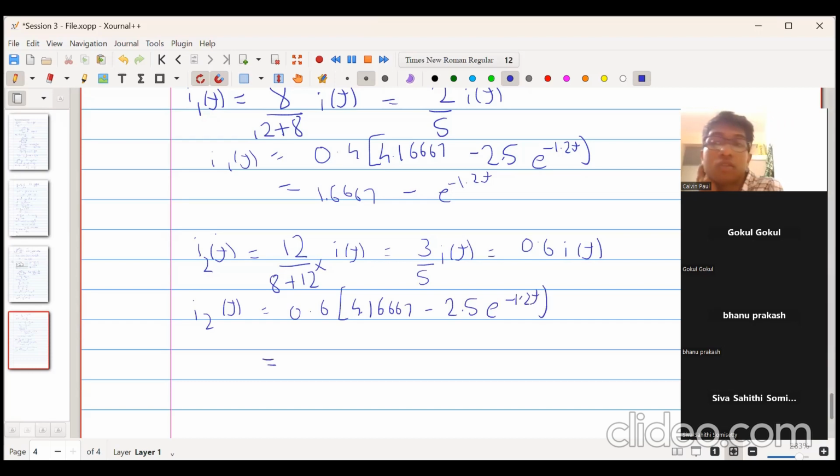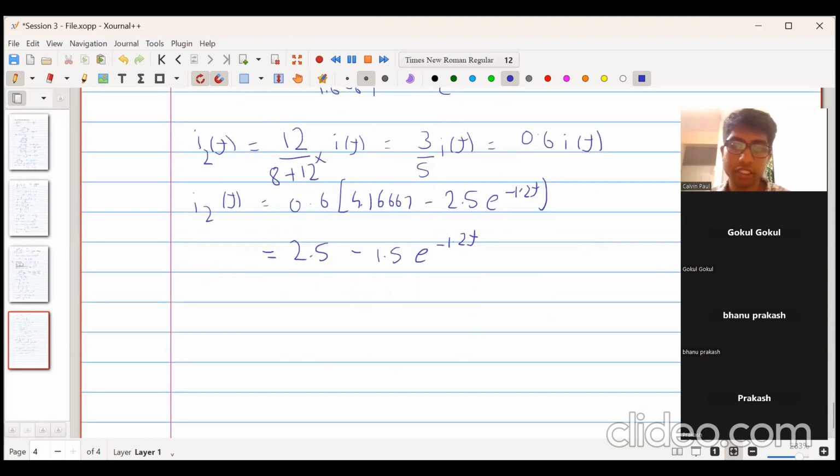What is 0.6 into 4.1667? 2.5, sir. And what is 0.6 into 2.5? 1.5, sir. So it will be 1.5 into e to the power minus 1.2 t. Thus we have found the equations for I1 of t and I2 of t.